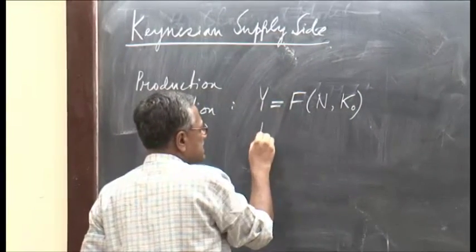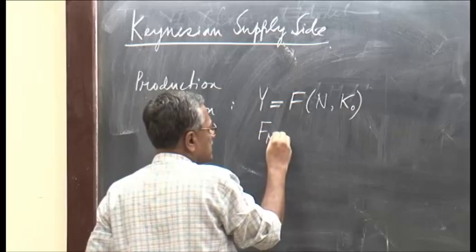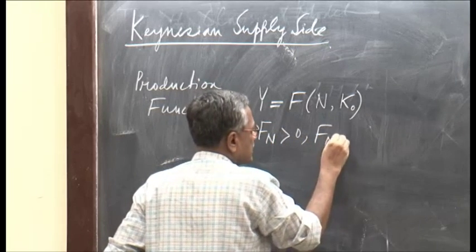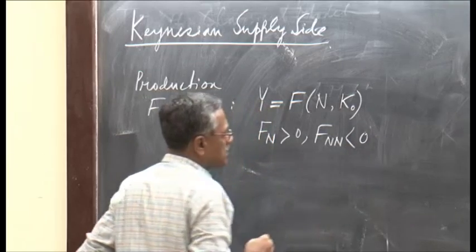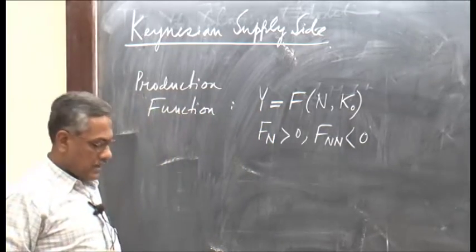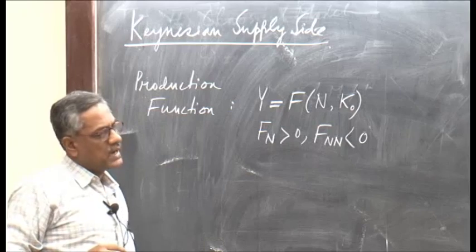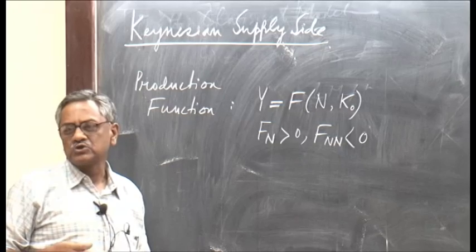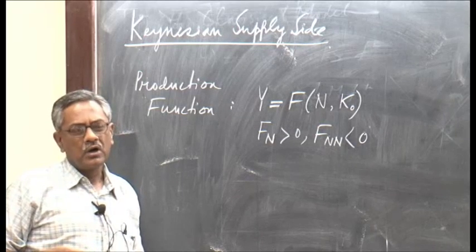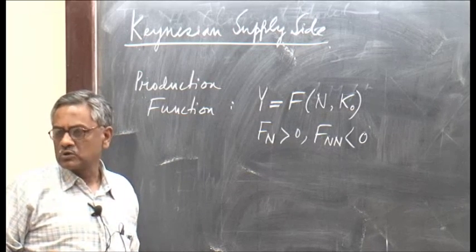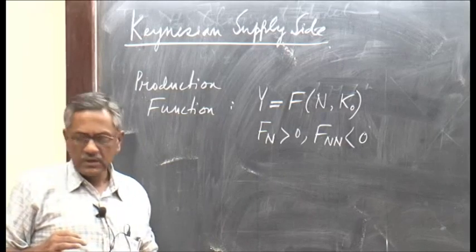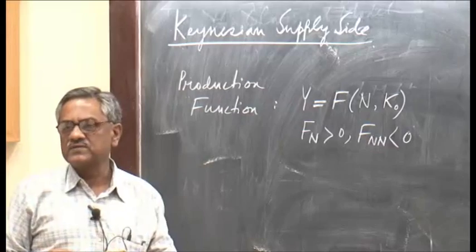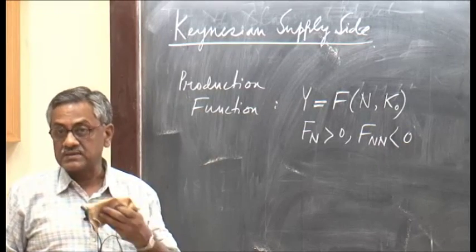And well behavior basically means the partial derivatives, Fn is positive and Fnn is negative. This is normally what they have in a macro model. In fact, any macro model, these short-run macro models or long-run macro models or growth models, usually they have this assumption. It's called a well-behaved production function, where the partial derivatives are defined and they have proper signs.